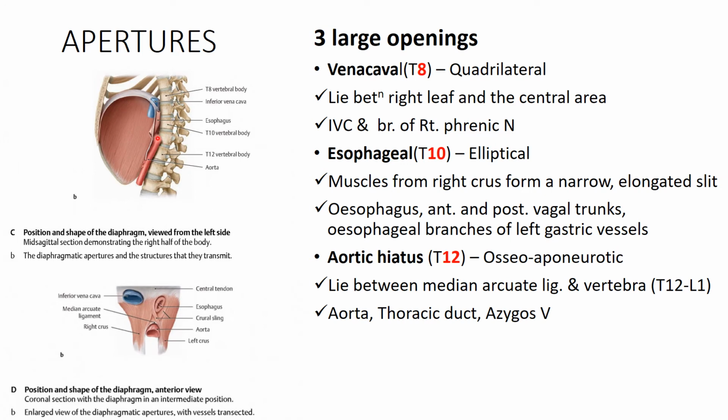posterior and inferiormost opening, is the aortic hiatus, and it lies at the lower border of the T12 vertebra, and it is an osseoaponeurotic opening. So this opening is guarded posteriorly by the T12 and L1 vertebrae.